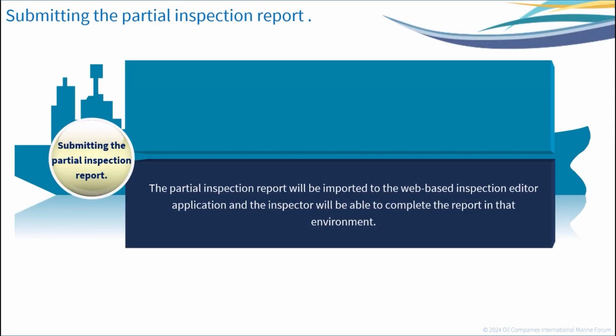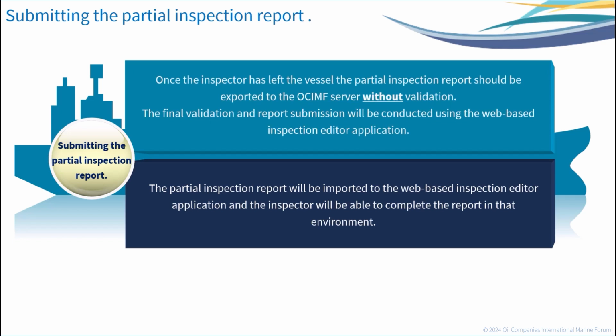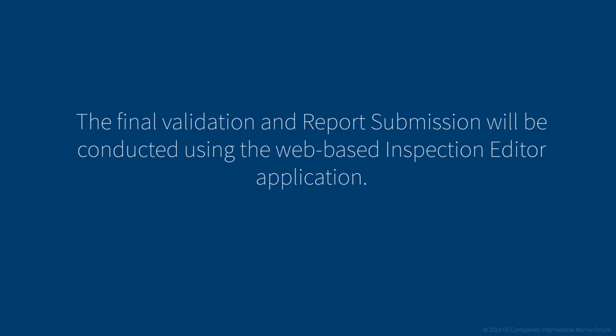The partial inspection report will be imported to the web-based inspection editor application, and the inspector will be able to complete the report in that environment. Once the inspector has left the vessel, the partial inspection report should be exported to the OCIMF server without validation. The final validation and report submission will be conducted using the web-based inspection editor application.